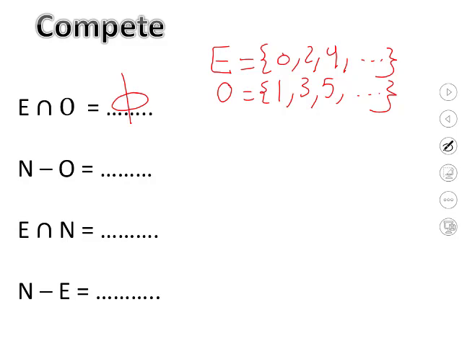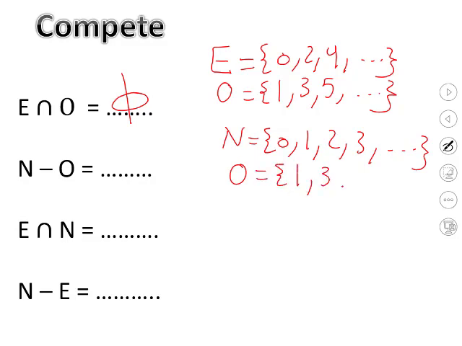The next question, N difference O. So N difference O, natural numbers equal 0, 1, 2, 3, and so on, and odd numbers equal 1, 3, 5, and so on.